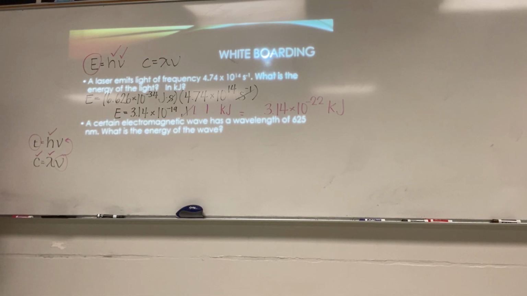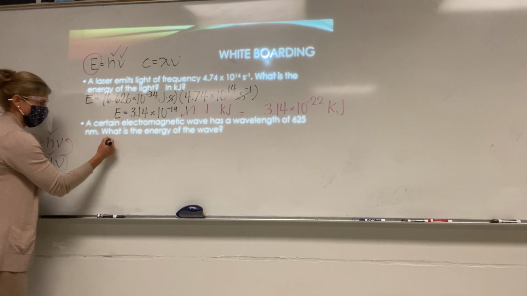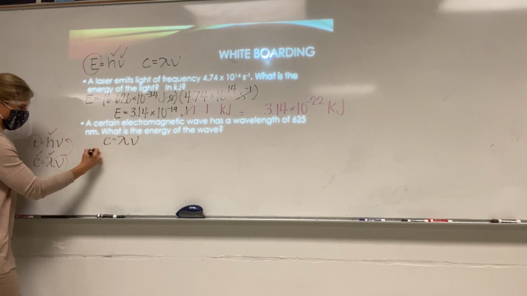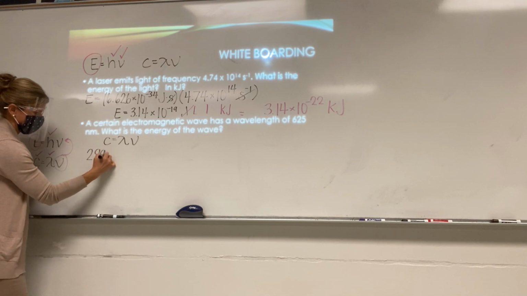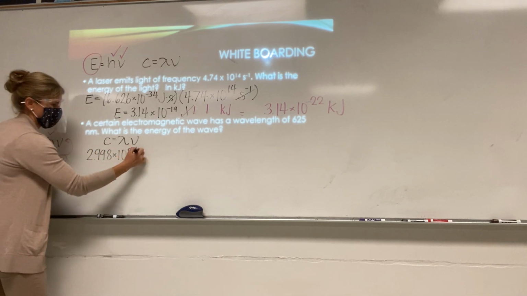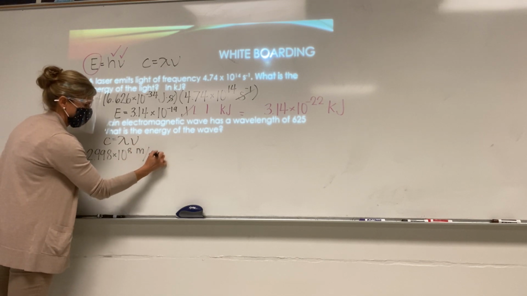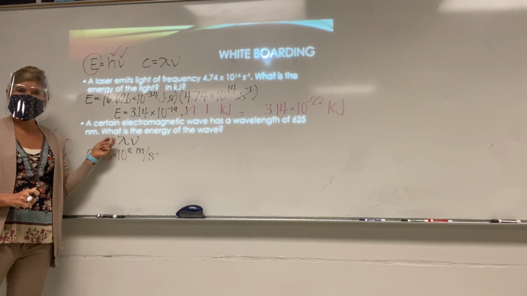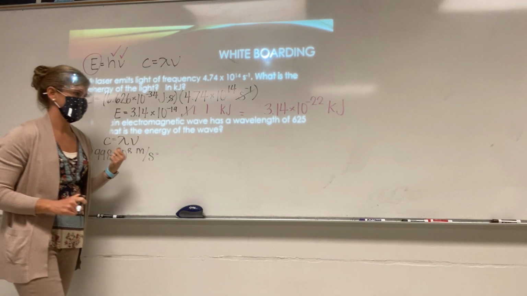All right, so let's do that. We'll use our formula, speed of light, wavelength times frequency. We know C, it's a given, constant, 2.998 times 10 to the 8 meters per second. Okay, wavelength. Can I plug my wavelength directly in?